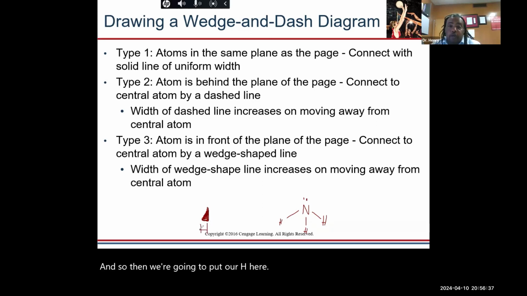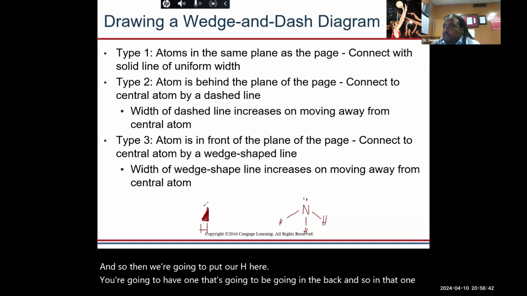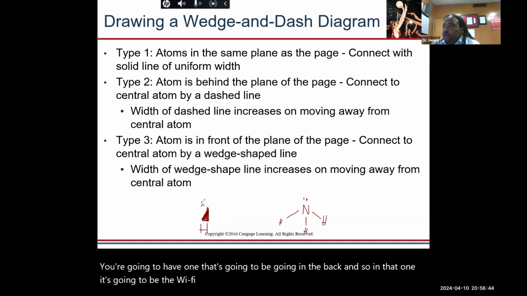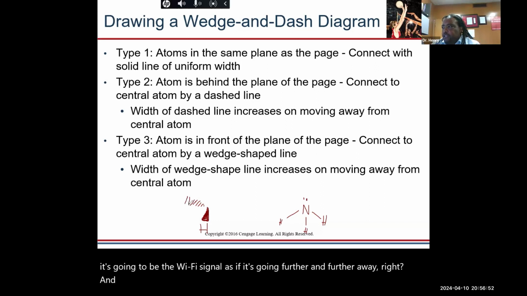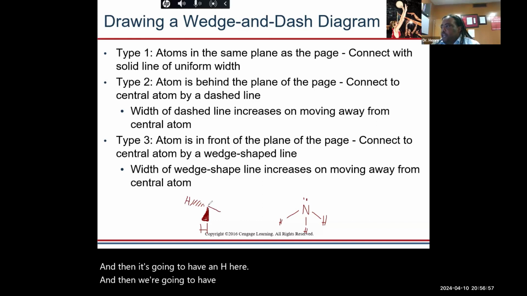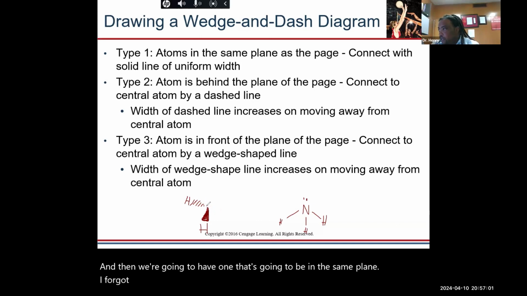You're going to have one that's going in the back. And so in that one, it's going to be the Wi-Fi signal, as if it's going further and further away, right? And then it's going to have an H here. And then we're going to have one that's in the same plane. Oh, I forgot my N. And then one that's in the same plane.